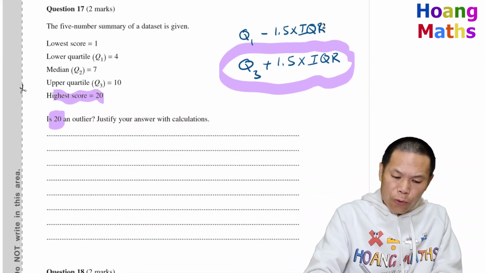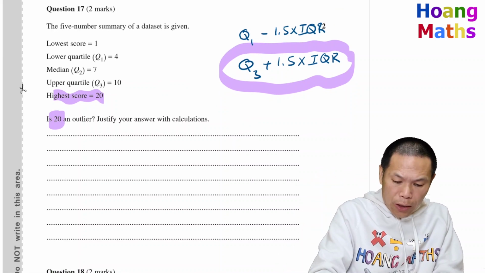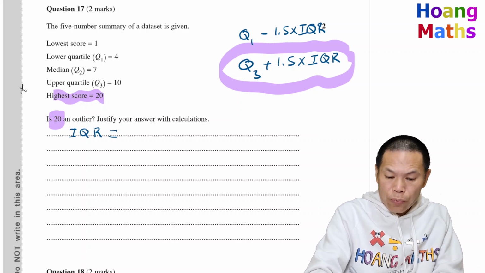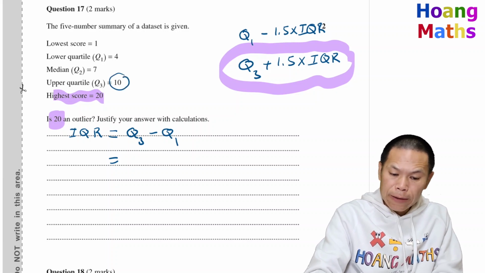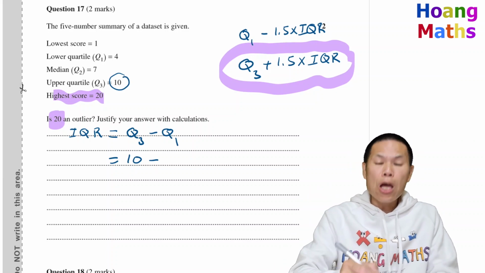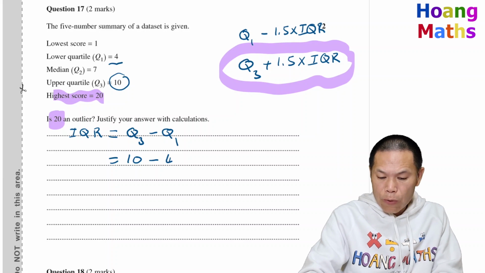First we work out the interquartile range, which is Q3 minus Q1. We know that Q3, the upper quartile, is 10, and Q1, the lower quartile, is 4. So 10 minus 4, and the answer is 6.